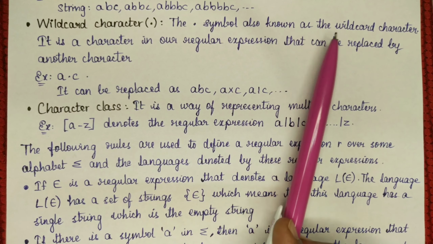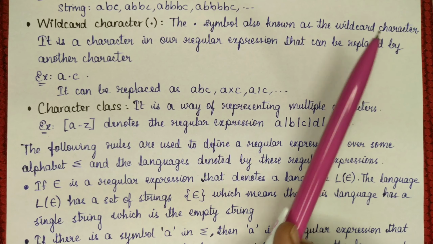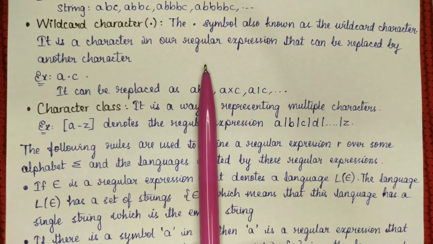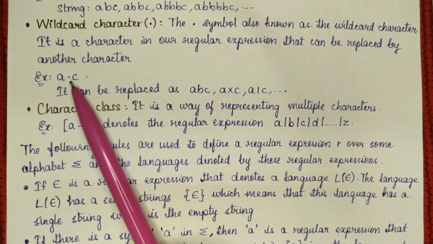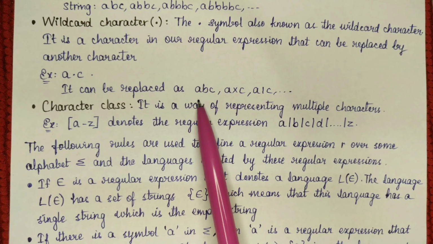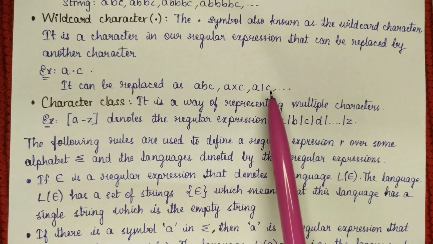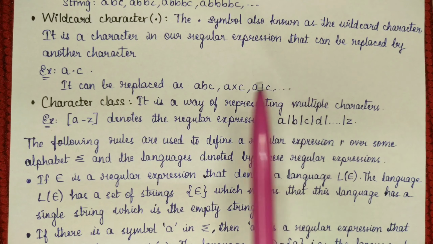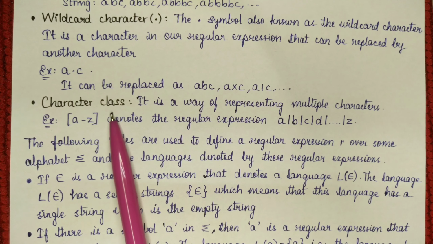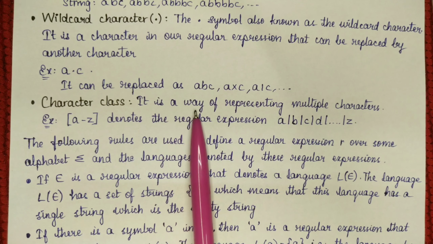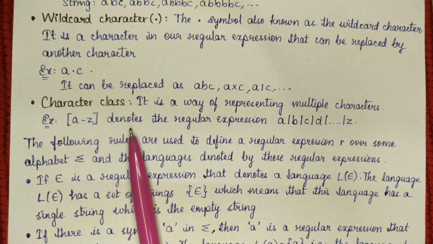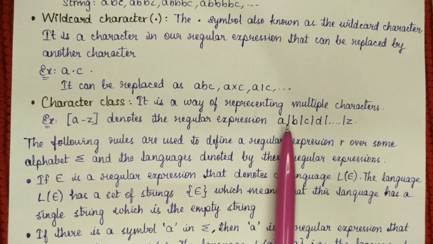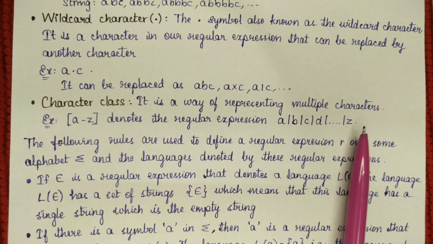The dot symbol is also called the wildcard character. It can be used to replace it with another character. For example, consider a.c. That means this dot can be replaced with any other character like b or x or digit 1, etc. Fourth is the character class. Here multiple characters will be represented. Suppose a-z denotes the regular expression a, b, c, d and so on up to z.